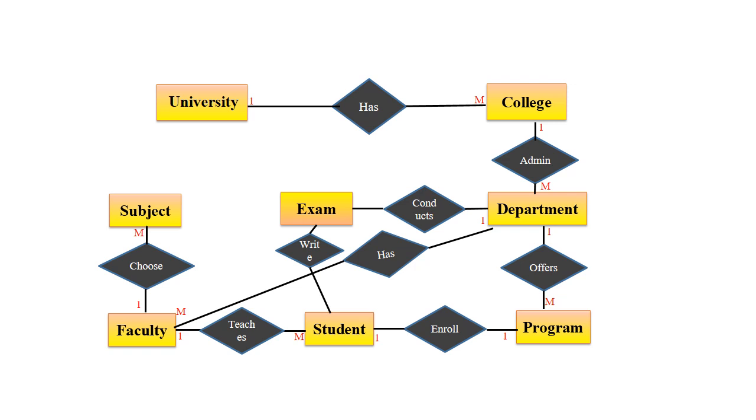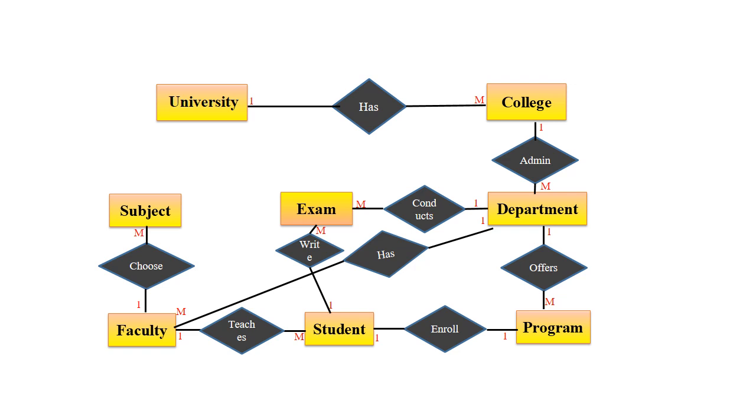One faculty teaches many students. What is the cardinality between department and exam? One department conducts many examinations, for example, cycle test or end exam. What is the cardinality between student and exam? One student writes many exams, for example, cycle test or end exam.